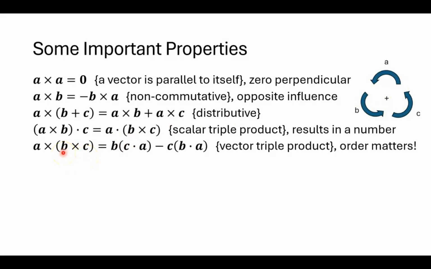So you see it's b cross c first, and then b for the first one. So you recover b here, and then go around the circle to c dot a. So we have b times c dot a. And then the second one, c, but it has a negative sign here. The second one usually has a negative sign.